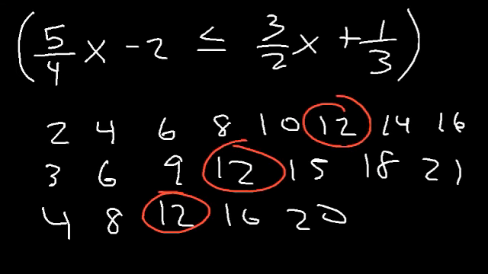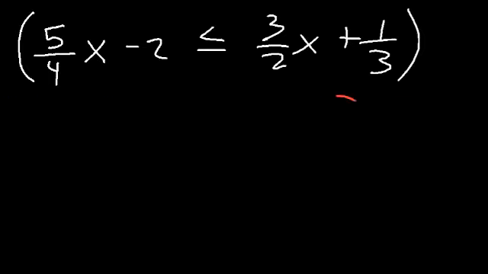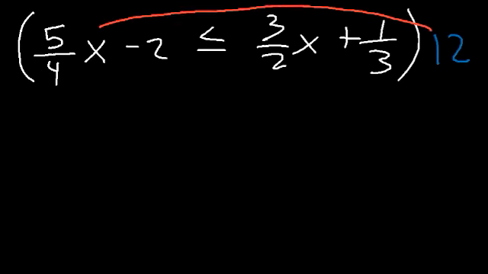2, 3, and 4 can go into 12. So therefore, we want to multiply both sides by 12. So you want to multiply everything in this equation by 12. So what is 12 times 5 over 4 x?